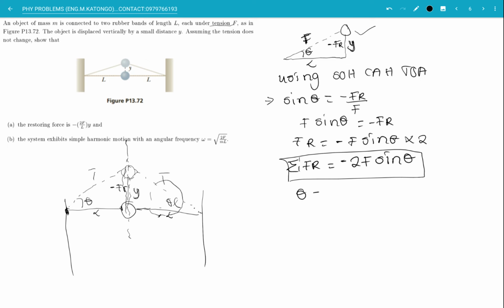Our theta, therefore, in terms of the vertical displacement and the length, will be equal to the tan inverse of the opposite, of course being y, over the adjacent being L.